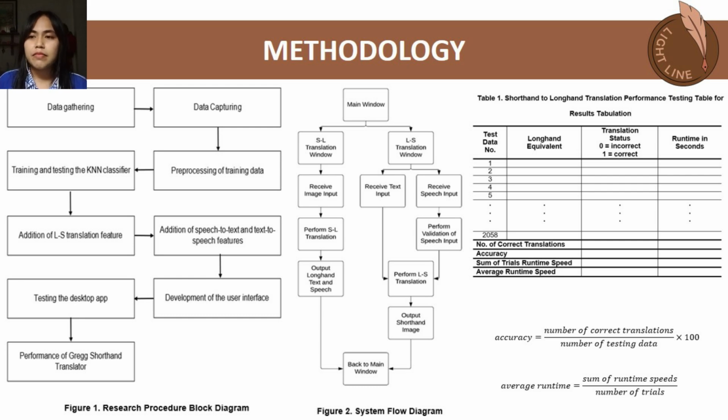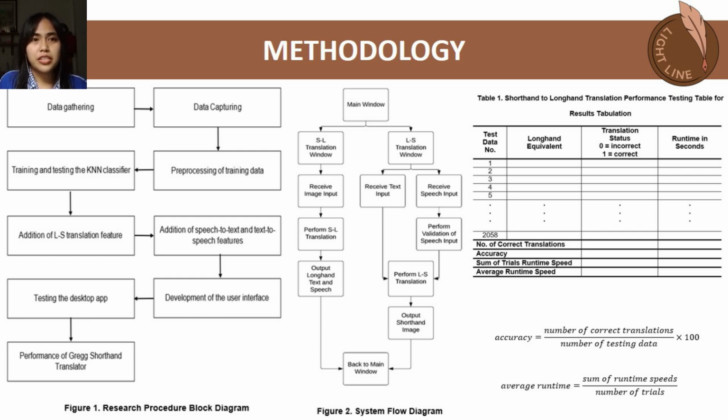On the other hand, if the user chooses the longhand to shorthand translation, this corresponding window pops up, and if it is not connected to the internet, the user can only input a text on the text field. If it is connected to the internet, then the user can access the speech input feature.